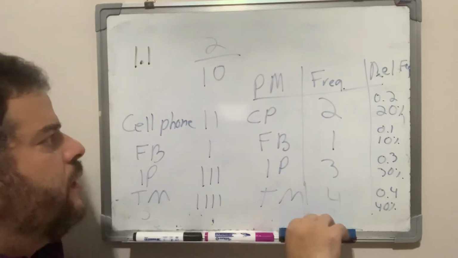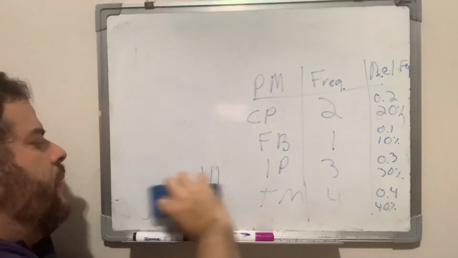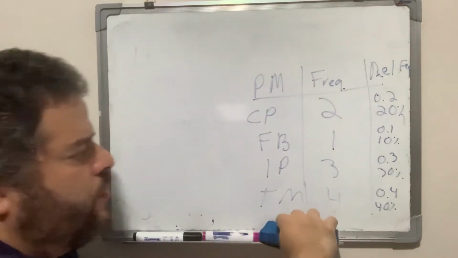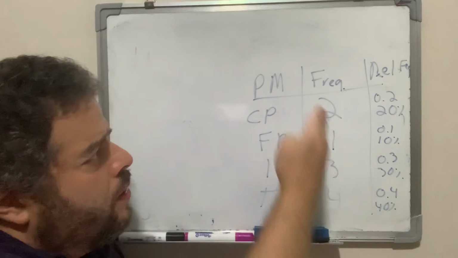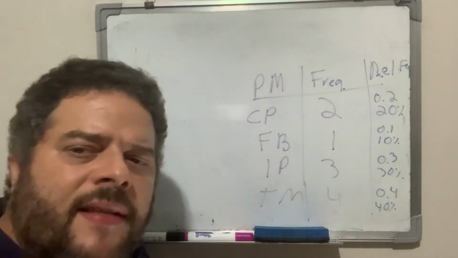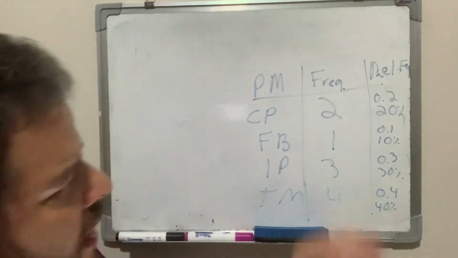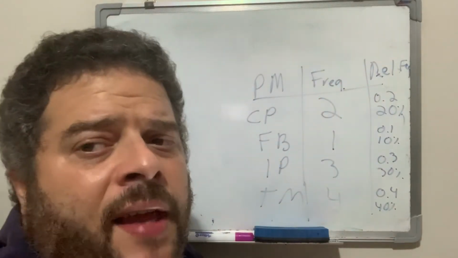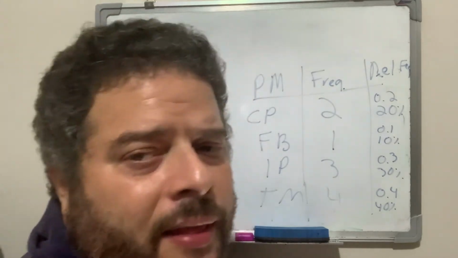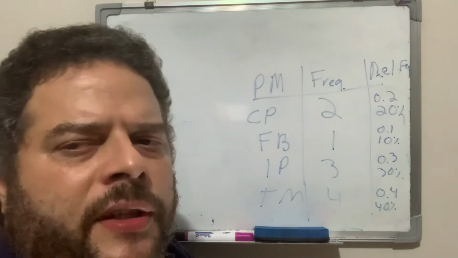Now note that there are pros and cons to using one or the other. The pro of a frequency table is that at least you get an idea of how many people were surveyed. Because again, if someone comes up and says, oh yeah, according to the surveys, 90% of the people think that this is the best math class, well, how many people did you survey? Well, only 10.